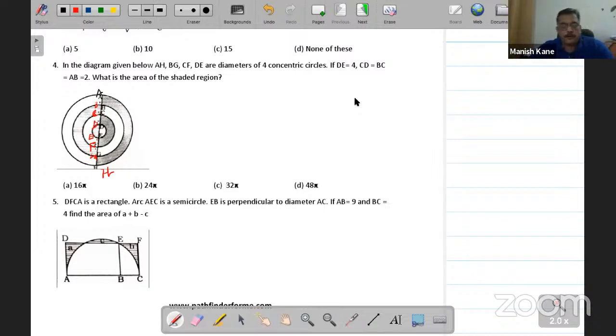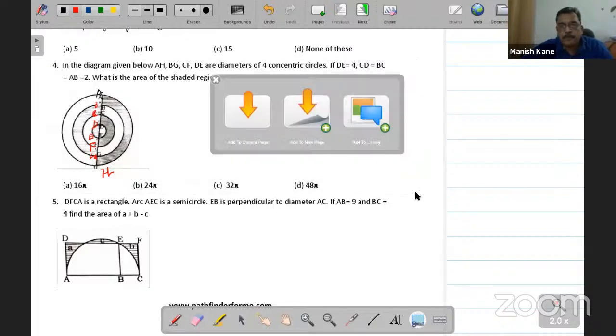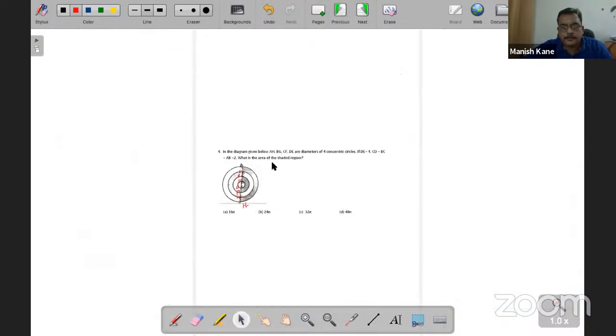How many of you solved? Okay, Ashwini has got the right answer. Ashwini, perfect. That's the right answer. The question is, how have you approached this question? And that approach is equally important.